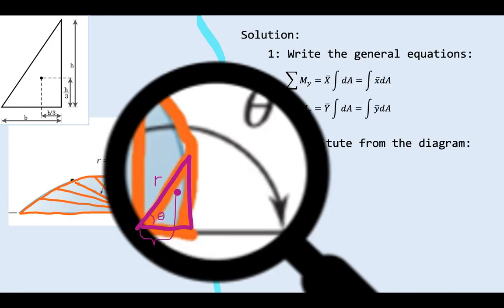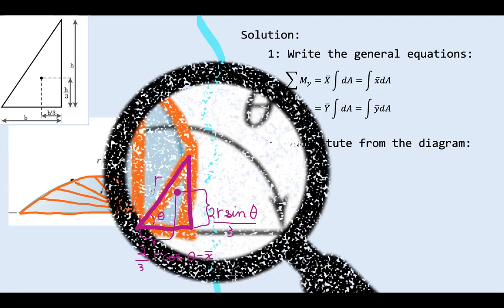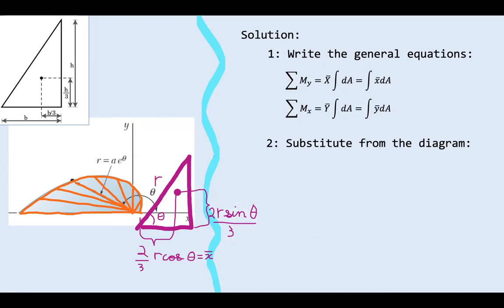And then the distance will be r cosine theta times 2/3, which is equal to lowercase x bar. Similarly, lowercase y bar is equal to 2r sine theta over 3. Sine theta because now we are using the opposite side, which is this one over here.